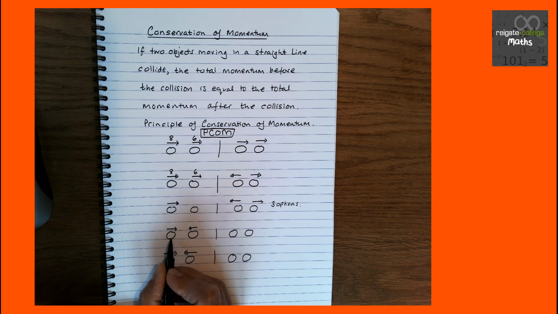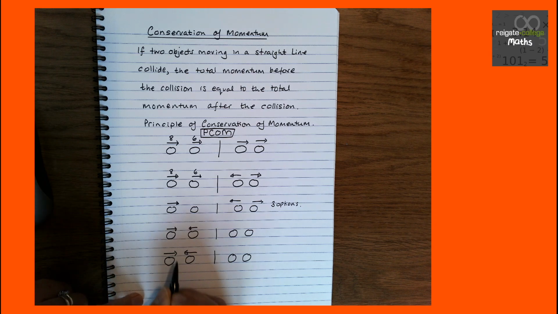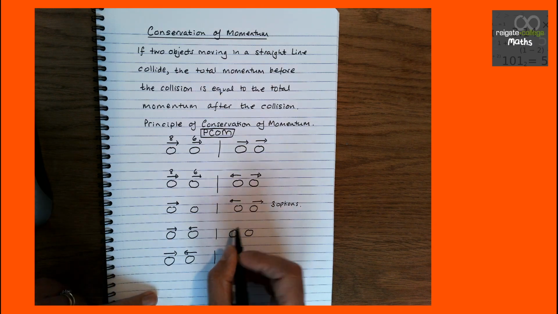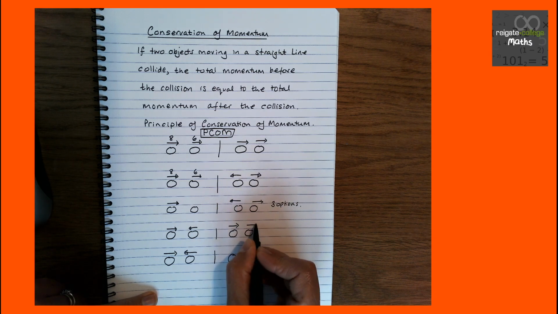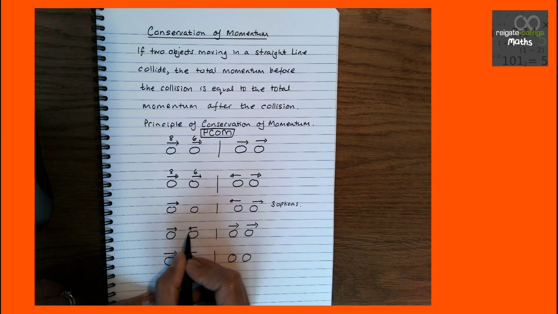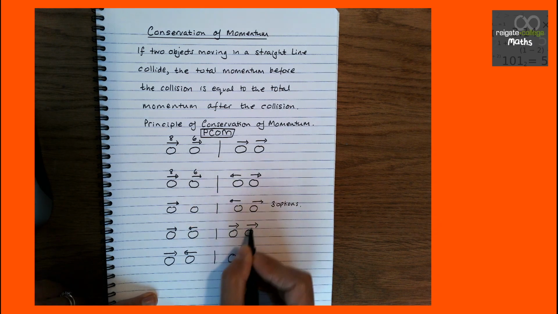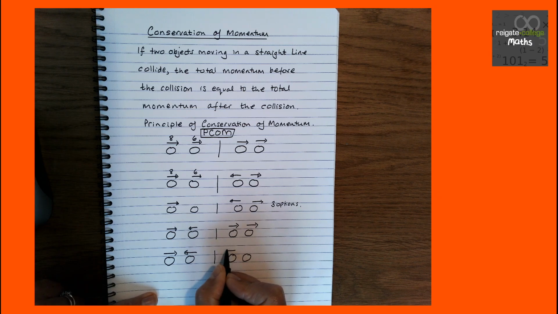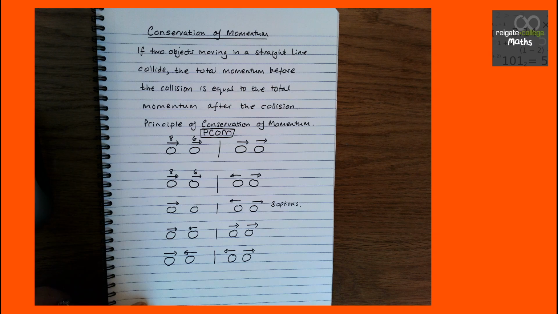You can also have two particles moving towards each other. If two particles are moving towards each other, then it depends on the relative masses and velocities, but this one here could have its direction reversed and this one carries on, or they could both have their direction reversed.